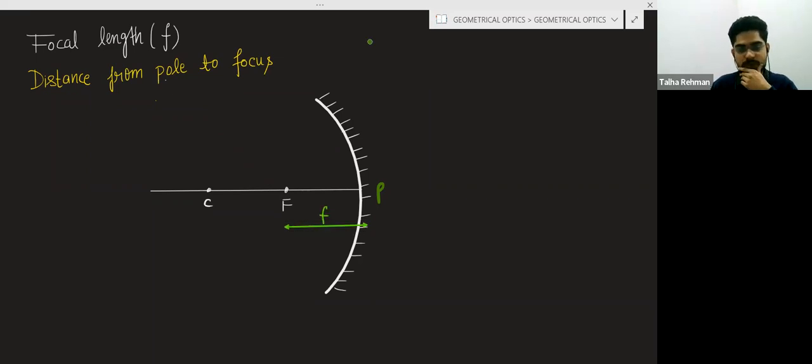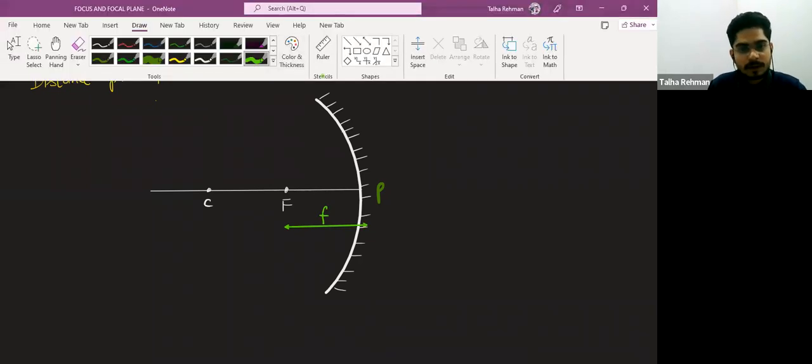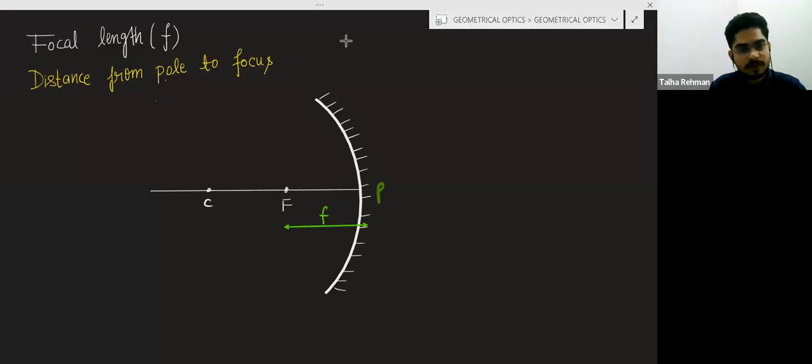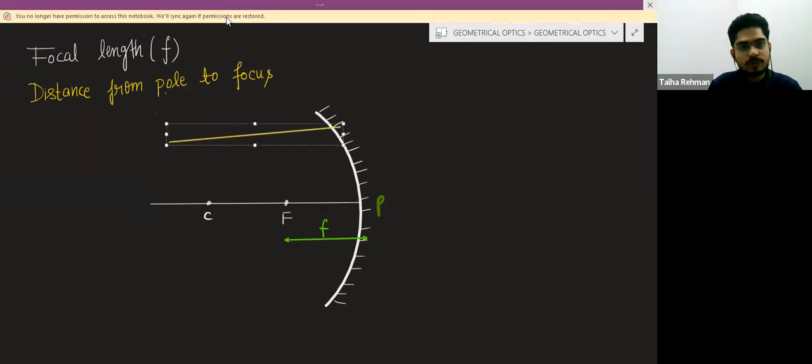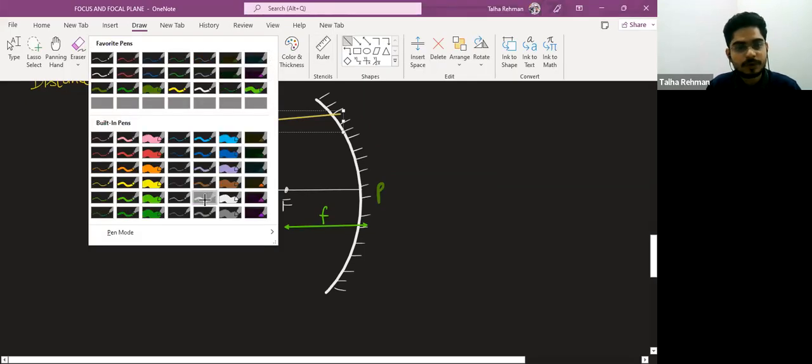For example, suppose a ray of light is like this. What you have to do is draw the normal.